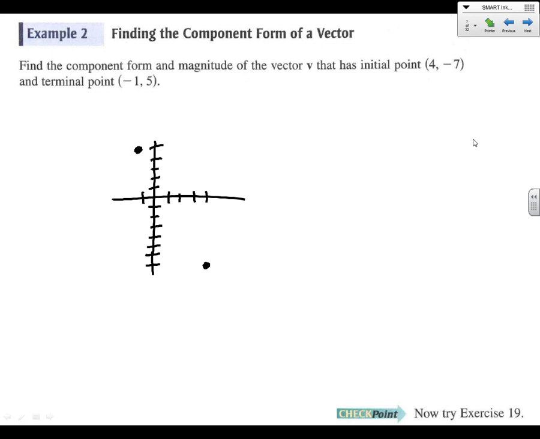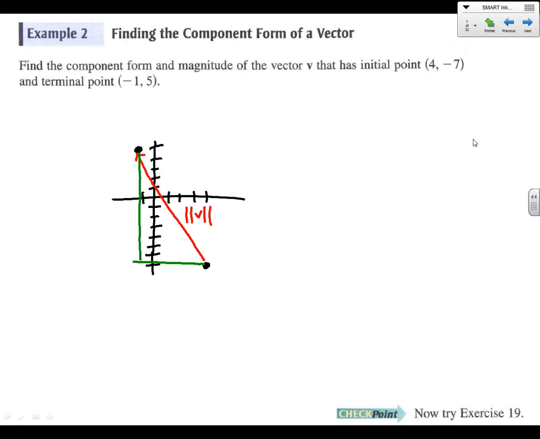There is a magnitude, that means go straight to it, and that's how long the vector is. So that's the magnitude of vector v. But the component form is the horizontal piece and the vertical piece.